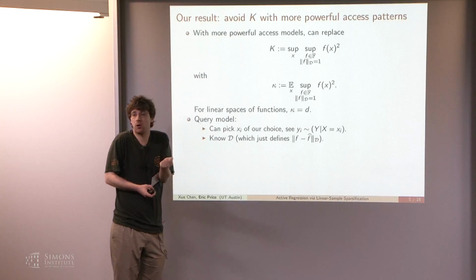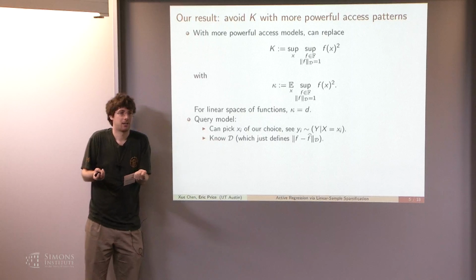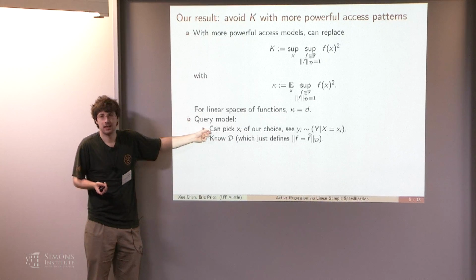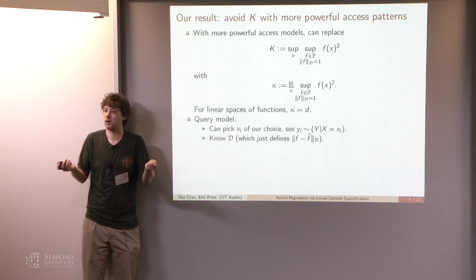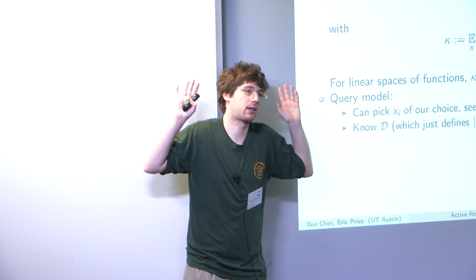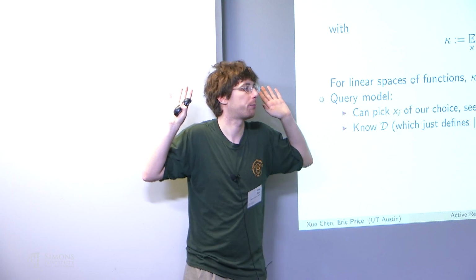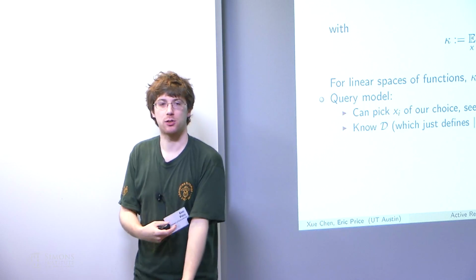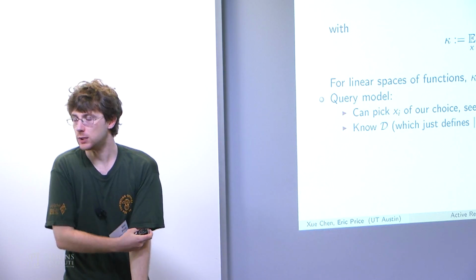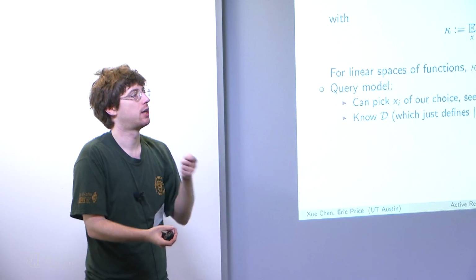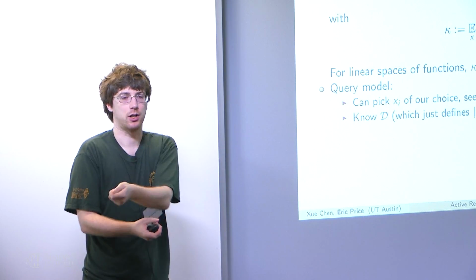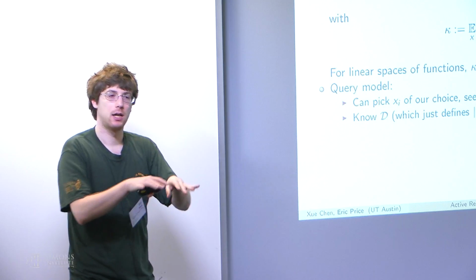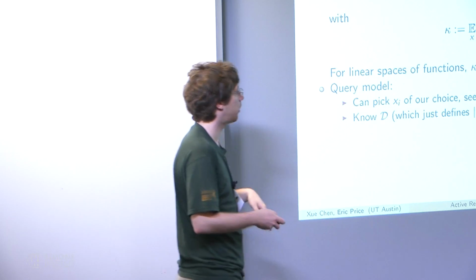Well, the only point of the distribution, if you can choose x, is that this measures your norm of error. So we'll just suppose we know it because I care about learning in L2. This is sort of the typical model for things like sparse recovery, where you can choose the points to look at. Sparse Fourier transform, you can choose the points to look at, and then you care about your average L2 error.